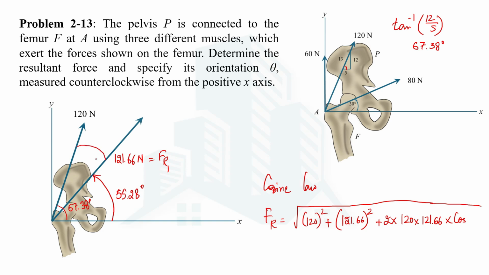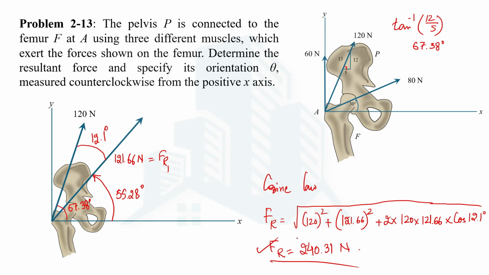This angle can be simply calculated by subtracting 55.28 from 67.38. So this angle would be 12.1 degrees. Now we can determine the magnitude of the resultant force, which would be 240.31 Newton. So we are successful in determining the resultant force caused by these three forces.